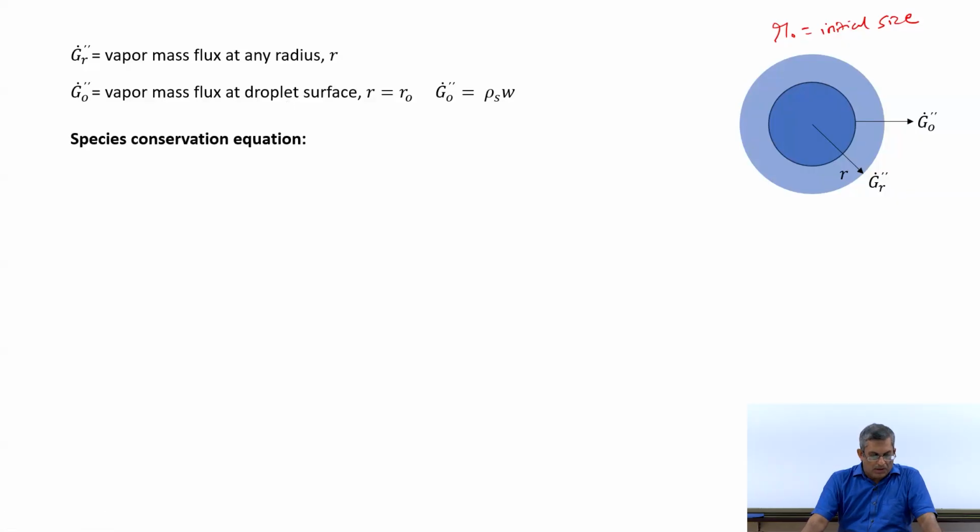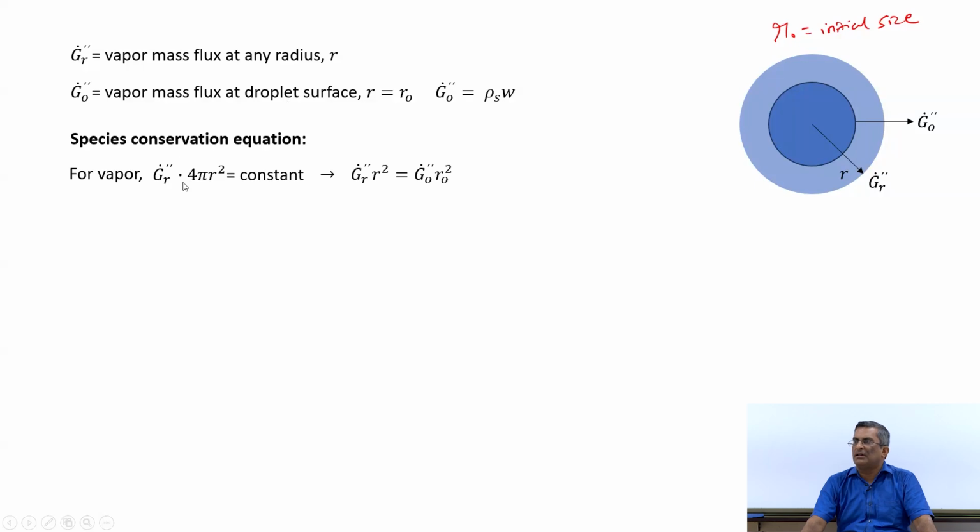Now, if we consider the species conservation equation, because there are no chemical reactions in the gas phase, for the vapor we can write that the vapor mass flux times 4 pi r square. What does the left side represent? The rate of vapor transport, not the flux, we have integrated it.